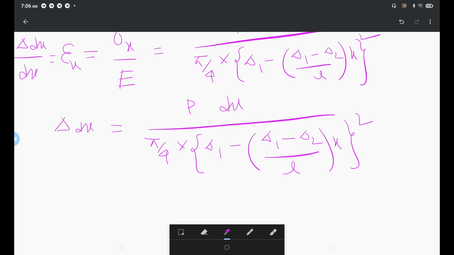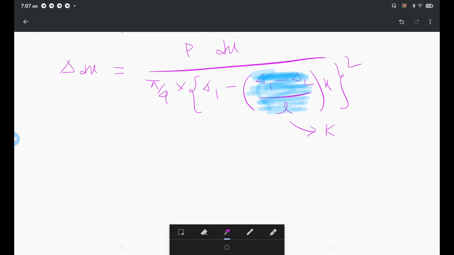Let us take this part as k, that is, k will be (d1 minus d2) upon L.